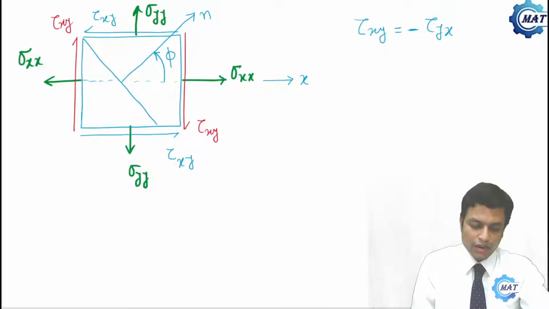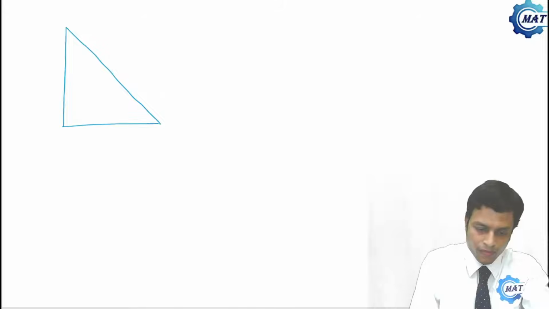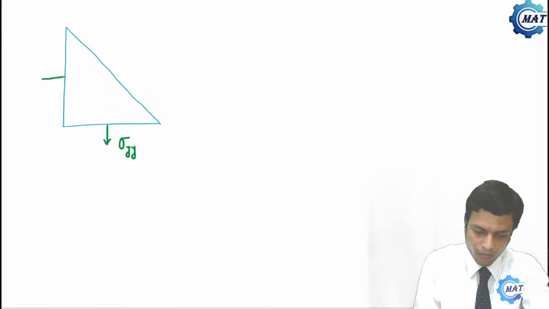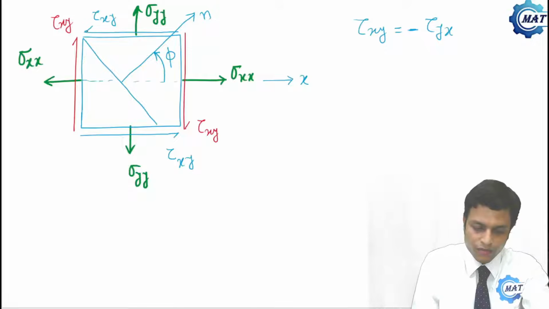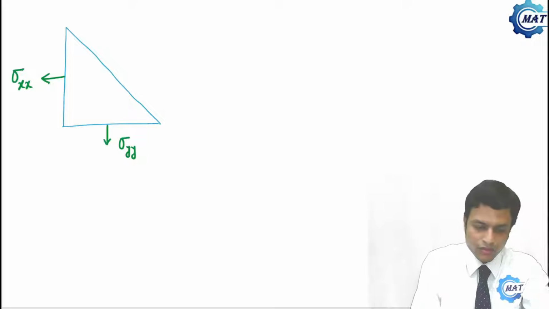So first of all, let me draw the free body diagram. And let me give a name to this section of the free body diagram: A, B and C.